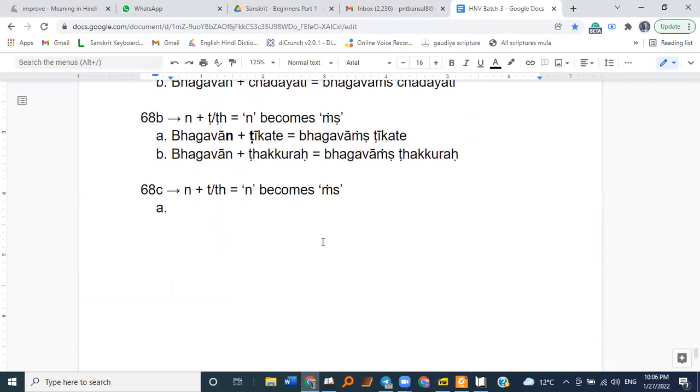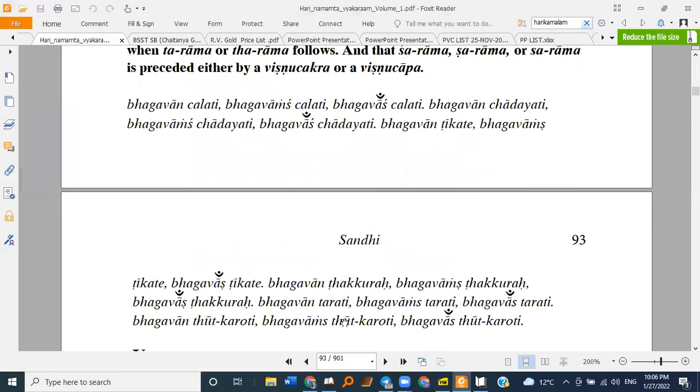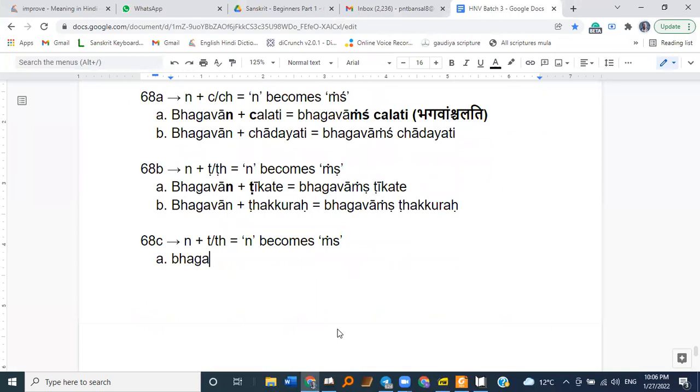For example, Bhagavan Tarati. So Na Rama followed by Ta Rama. So we get Bhagavans Tarati. And Bhagavan Yukta Thut.